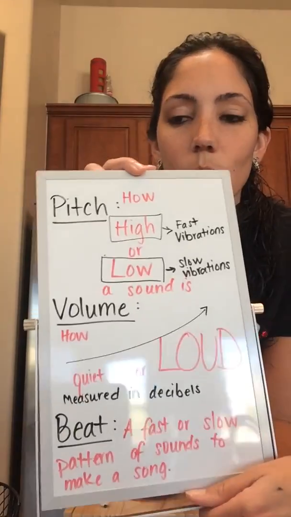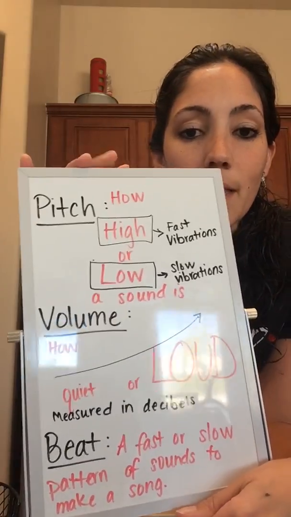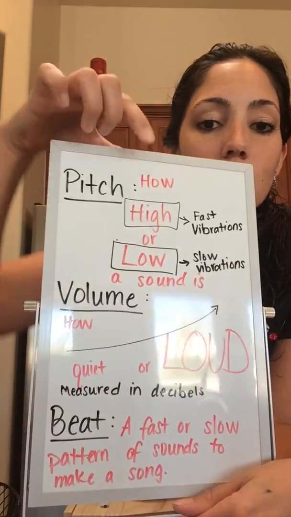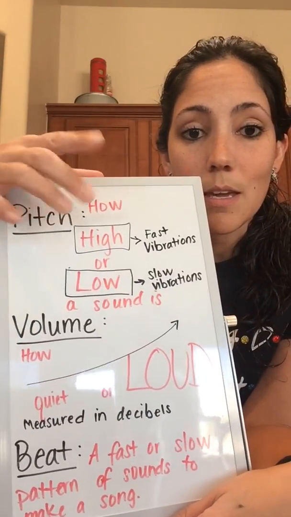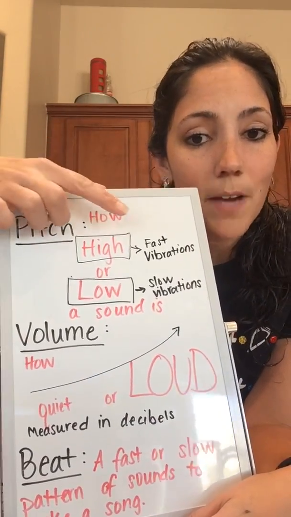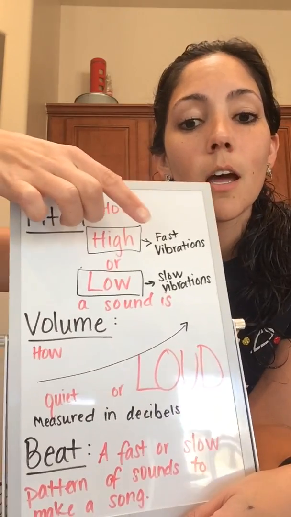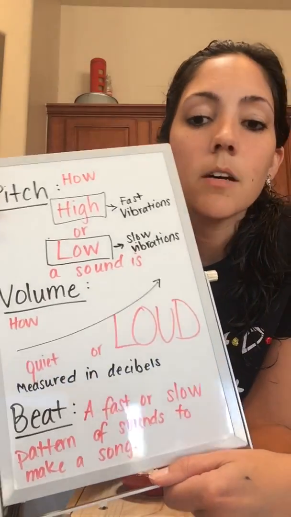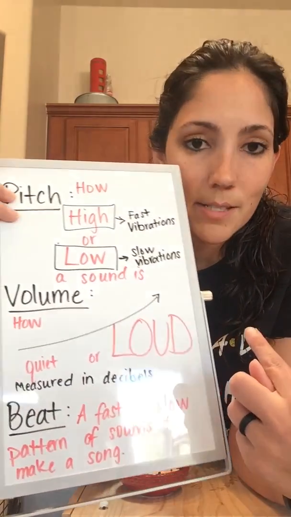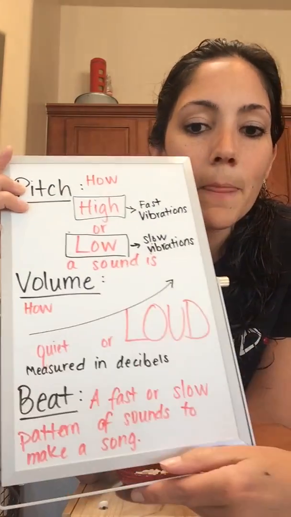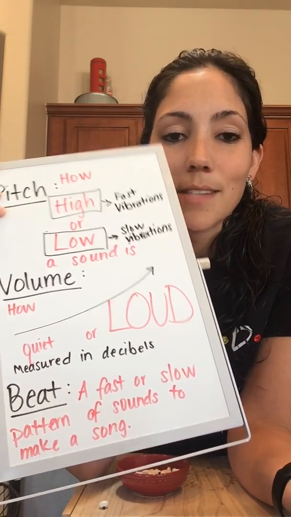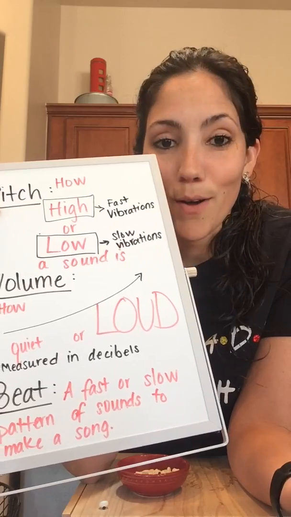While you're working on your instrument, remembering that pitch is how high and how low a sound is, and how pitch is directly related to the speed of the vibrations. Fast vibrations are high-pitched sounds, and slow vibrations result in low-pitched sounds. Volume is how quiet or how loud the sound is that you're making, and beat is a fast or slow pattern of sounds that come together and make a song.